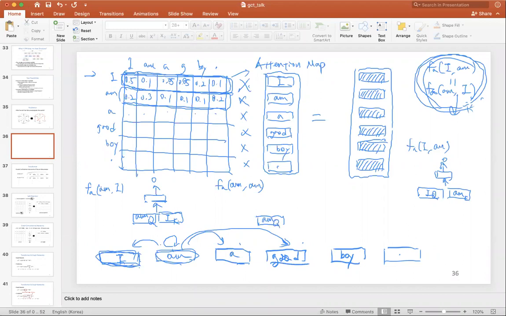So you can see where I'm going. You do this all the way to the last token.